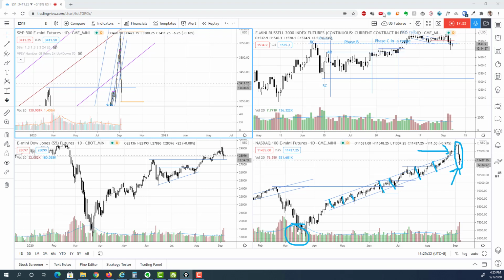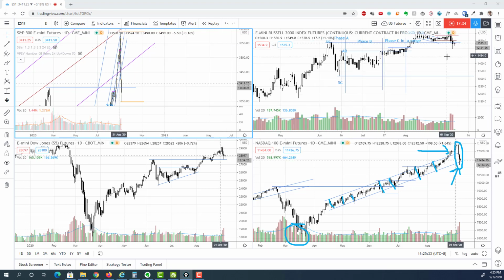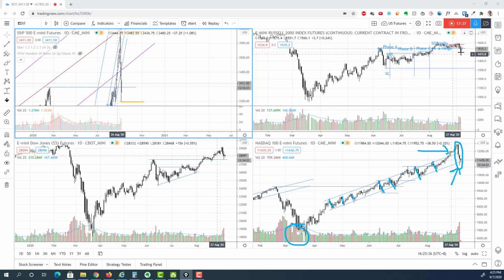And if we take a look at the Russell, look at the sell-off there. It's relatively shallow, not even half of June's reaction. In June we had a change of character here, but so far the sell-off is not even half of that.